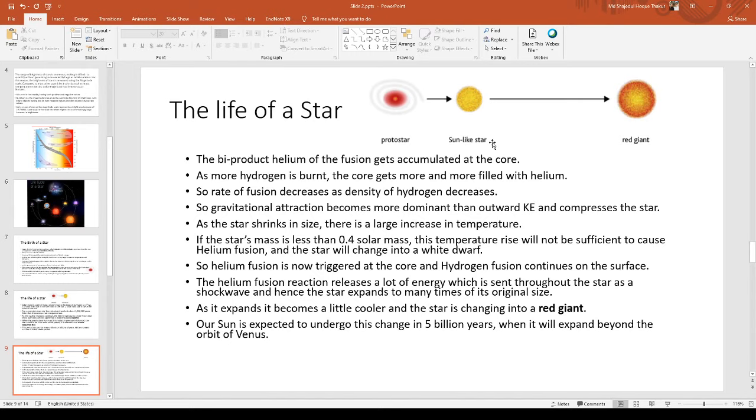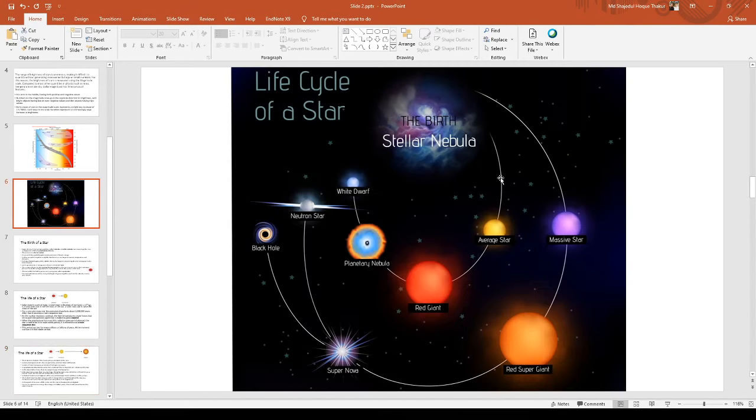So basically, we're going to study two types of predictions, or rather two types of life cycle. What happens to a star? Think of it like a life cycle that we know rather than a prediction.